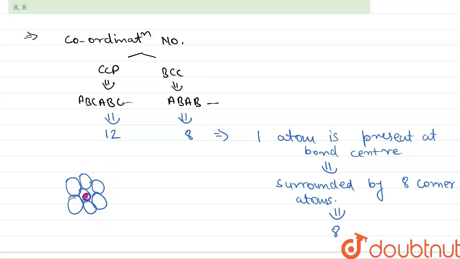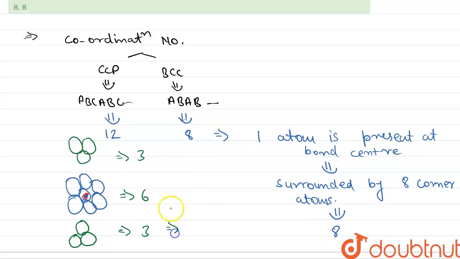This is the atom, and it is surrounded by the 6 atoms in its own layer, and it is also surrounded by the 3 atoms of the layer present above it and the 3 atoms of the layer present below it. Thus we can say that the coordination number is 12, that is 6 in its own layer, 3 in the above layer, and 3 in the below layer. So the total coordination number in CCP is 12.